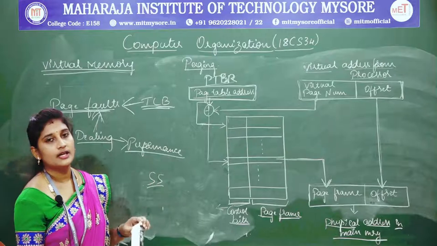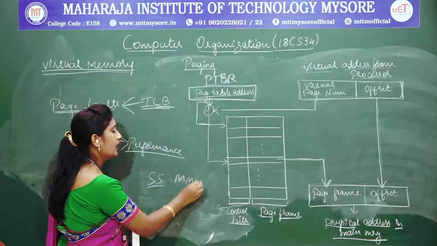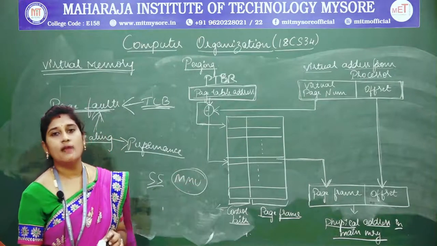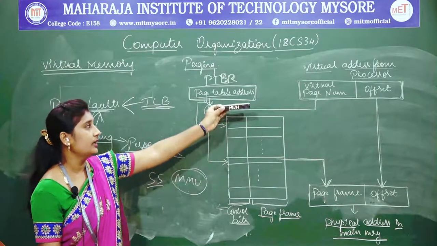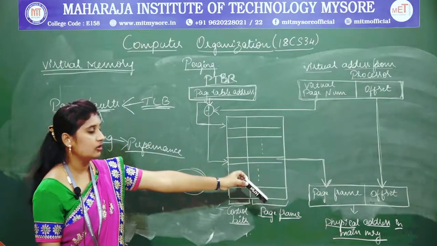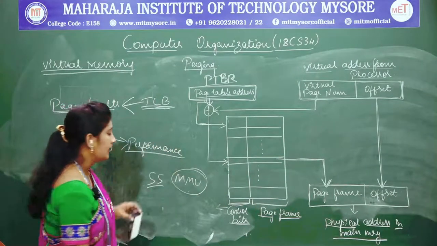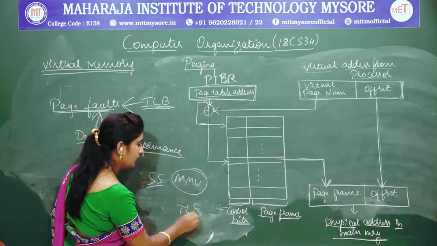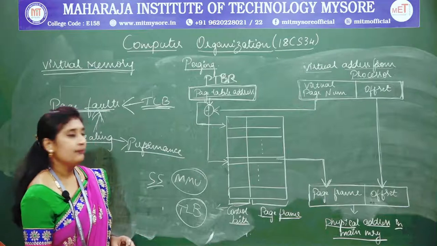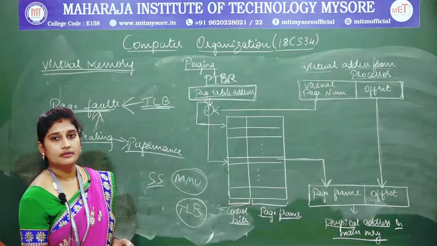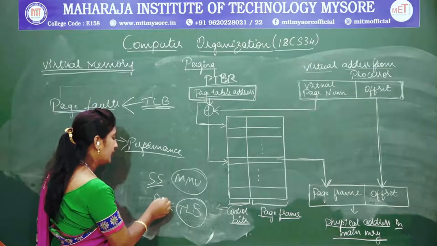That virtual address gets converted to a physical address by a unit called the MMU, the memory management unit. Paging is dealt with by converting the virtual address to a physical address in main memory. And for page implementation, you use another register called the TLB, the translation lookaside buffer, isn't it? In this, the frequently accessed pages get stored.